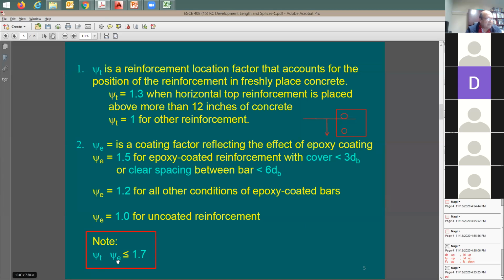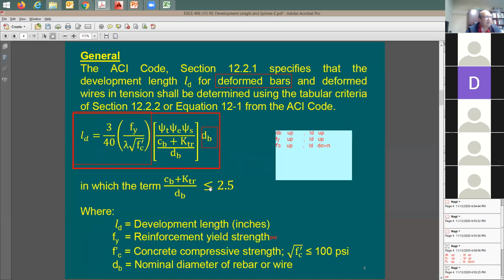Okay. It says here, look at this. If the product of psi sub t and psi sub e is going to be less than or equal to 1.7, great. I did the multiplication. It is 1.5. Good. Use 1.5. I did it, 1.6. Great. I did this multiplication and it turns out to be 1.8. What value should I use? 1.7, because it says it's going to be less than or equal. Same thing like here.